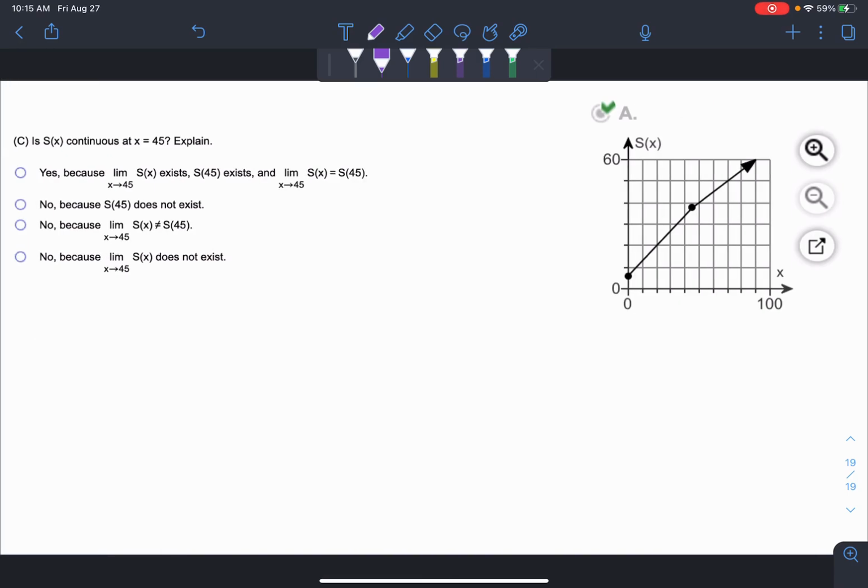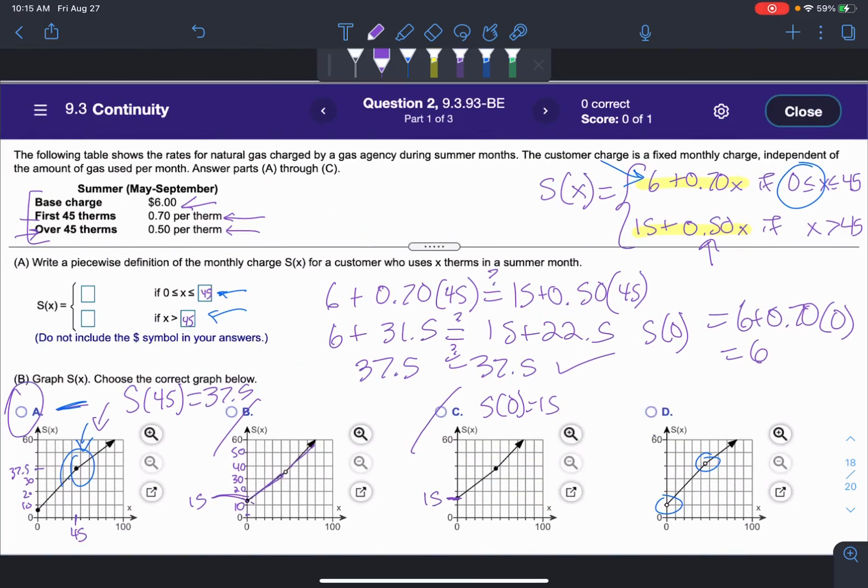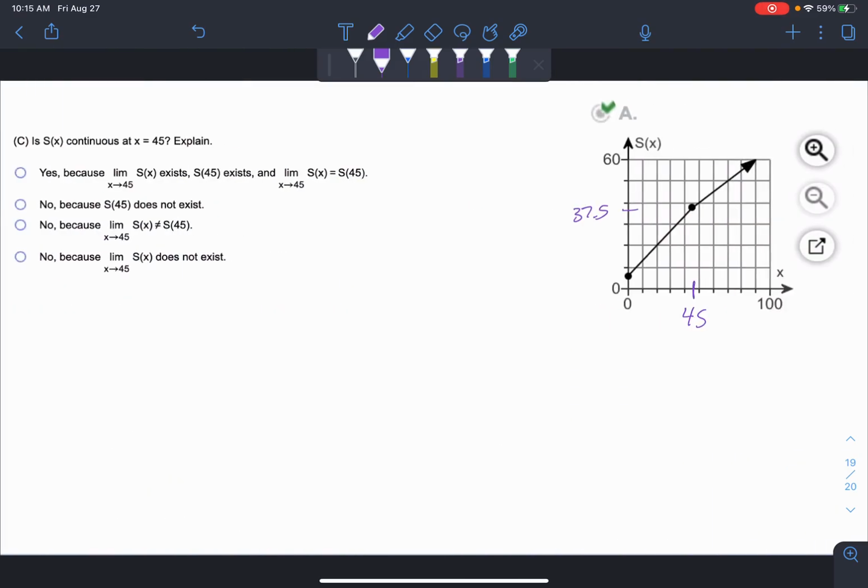Okay, so I think this is the last part. Is s of x continuous at 45? We kind of hinted at it in the last question. Here's my 45, here's my 37.5, I believe. Yes. Remember, when we're talking about continuity, we need to know: is my s of 45 equal to my limit as x approaches 45 of s of x?